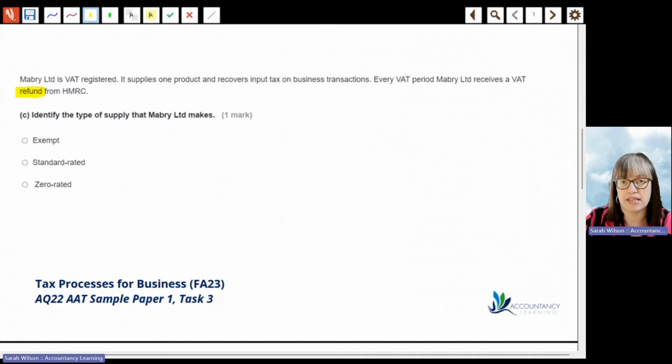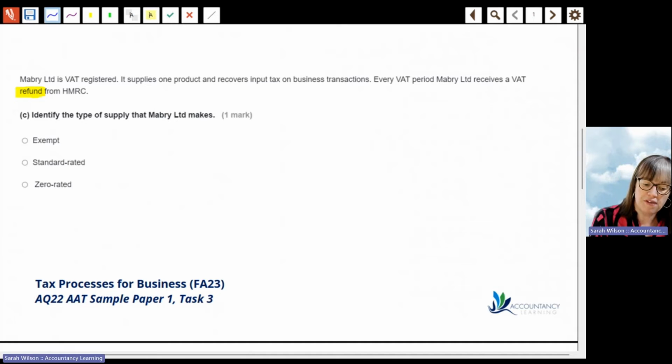It's normally a liability of the business to pay out VAT because they're making taxable supplies, and usually it would be charged at 20%. However, there are some circumstances, just like Mabry here, where they can supply taxable products, recover the input tax, and receive a refund from HMRC.